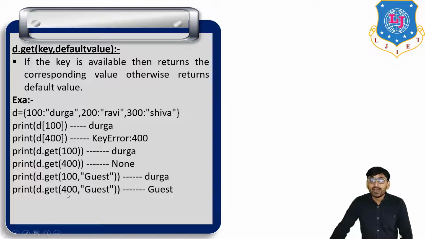So we get output the default value, that is guessed. So if the key is present in the dictionary, then output is the corresponding value. But if the key is not present in the dictionary, then output is the default value.